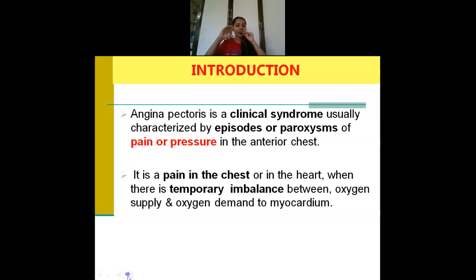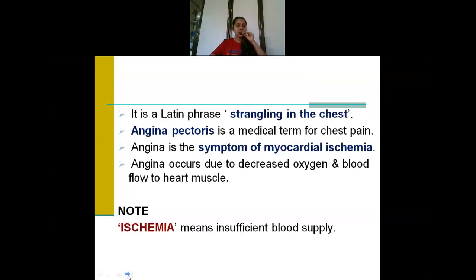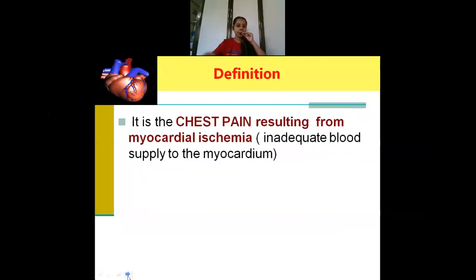Because of that imbalance, the patient experiences chest pain. Already I told it is taken from the Latin word; the word meaning is strangling pain in the chest. If you cannot remember anything else, remember angina pectoris means chest pain occurring because of myocardial ischemia, that is decreased oxygen and blood flow to the heart.